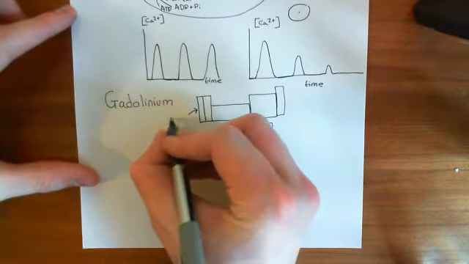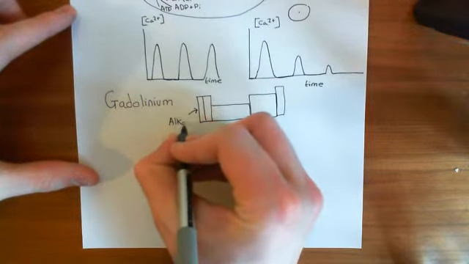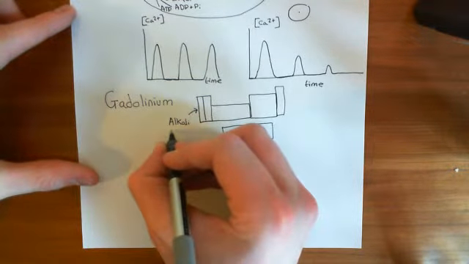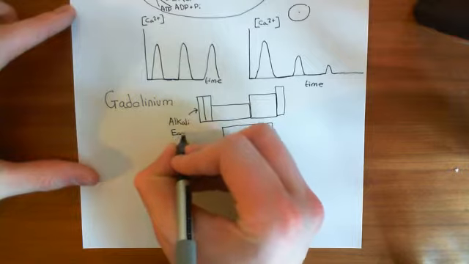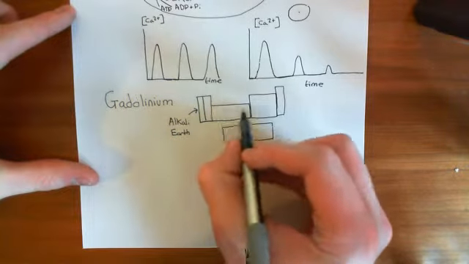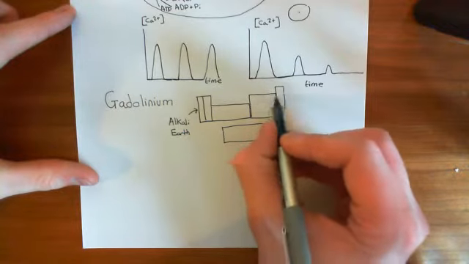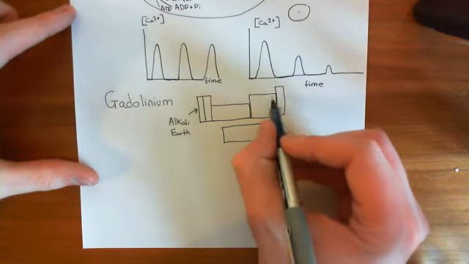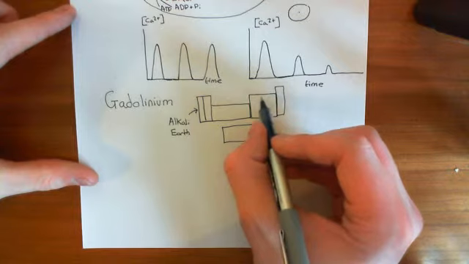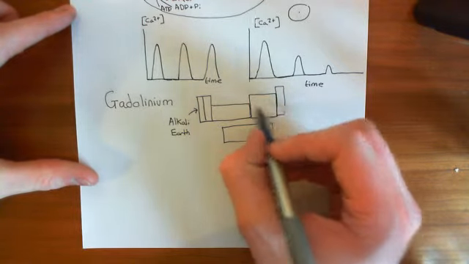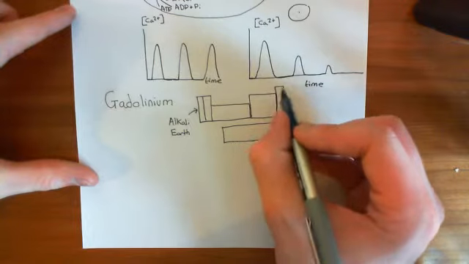Then you have the alkaline earth metals in group 2, where calcium and magnesium are. You have the transition metals in this middle bit. You have other important stuff over here, like the halogens, and carbon and oxygen are near in groups 4 and 6, etc. And then you have the noble gases over here.